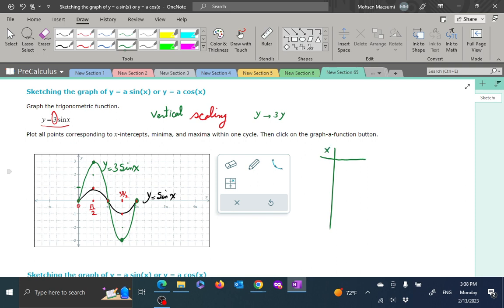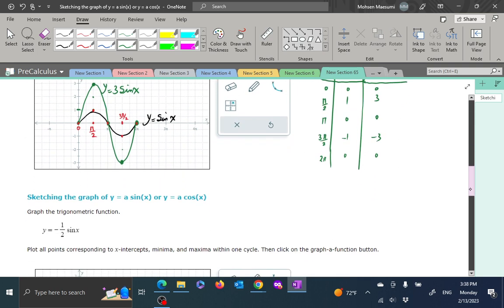Here are our famous, easy angles to go through. If you were just dealing with sine of x, this would have been 0, 1, 0, minus 1, 0, but here you're dealing with 3 sine of x. So here y is equal to sine of x, here y is equal to 3 sine of x. All these quantities are tripling: 0, 3, 0, minus 3, and 0.